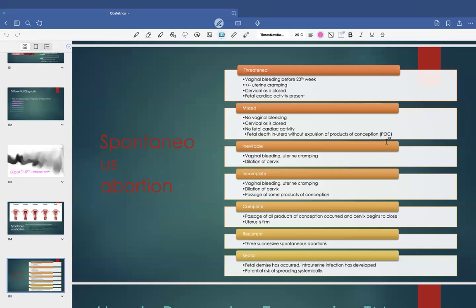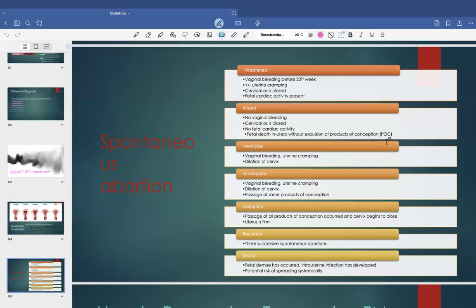So the first one, the threatened abortion. This is any vaginal bleeding before 20 weeks. Any uterine bleeding before 20 weeks is considered a threatened abortion. Here, there may or may not be uterine cramping. The cervical os is closed and there's fetal cardiac activity present. Everything is intact. There's no rupture of membranes. There's no products of conception that are out of the body.